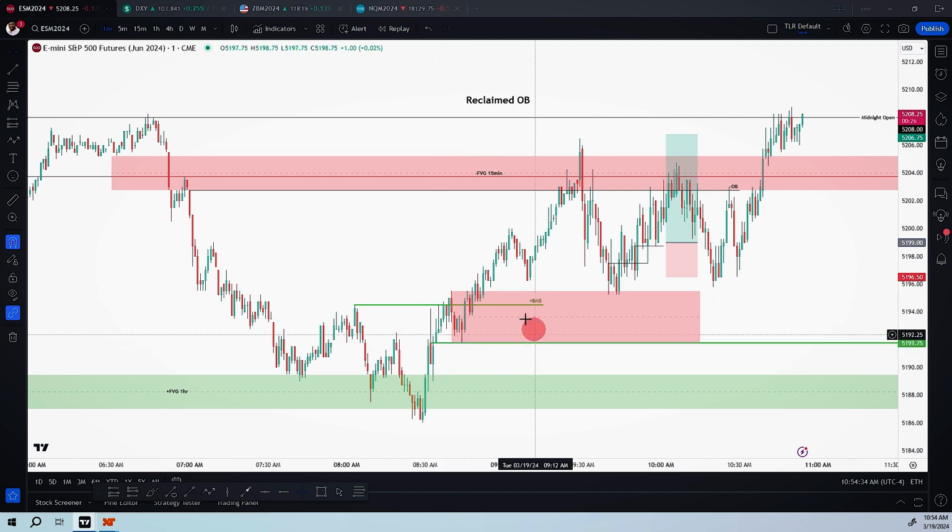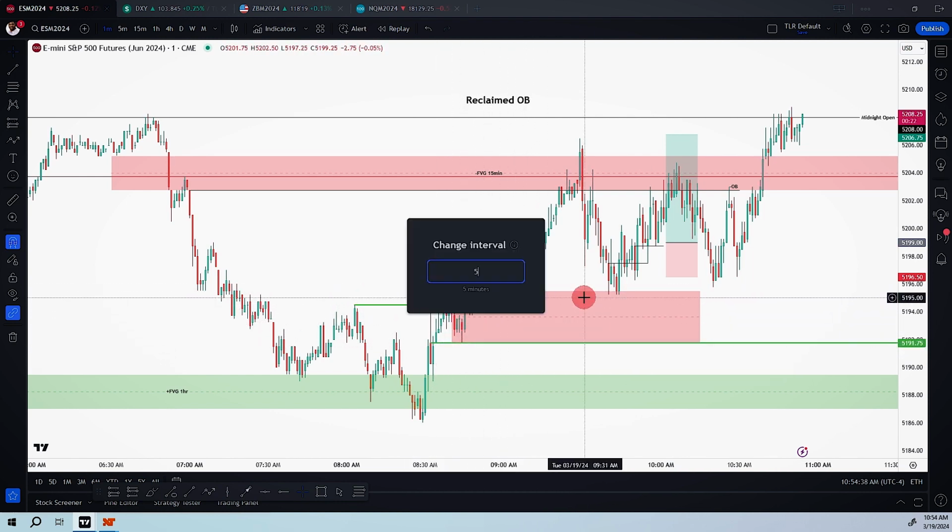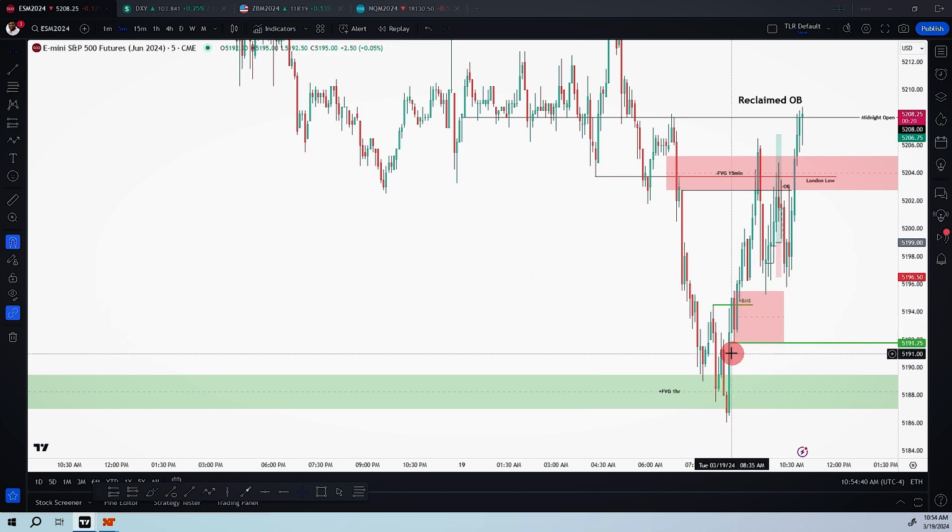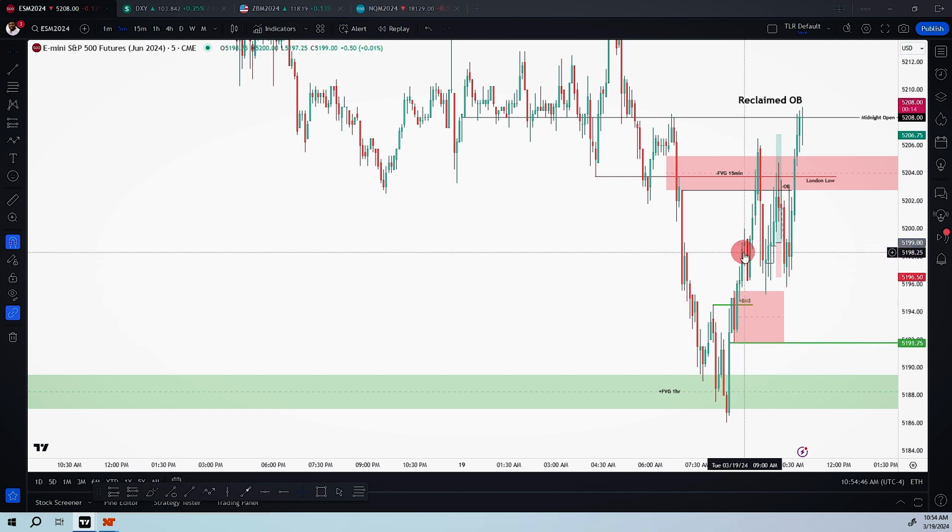On a 5 minute, forgot to talk about this. We're anticipating this to be a 5 minute order block right there, right? We came back down, and then blast off. We're anticipating this down close candle spark buying. After we got a break in market structure, we're anticipating this to act as an order block. Why?